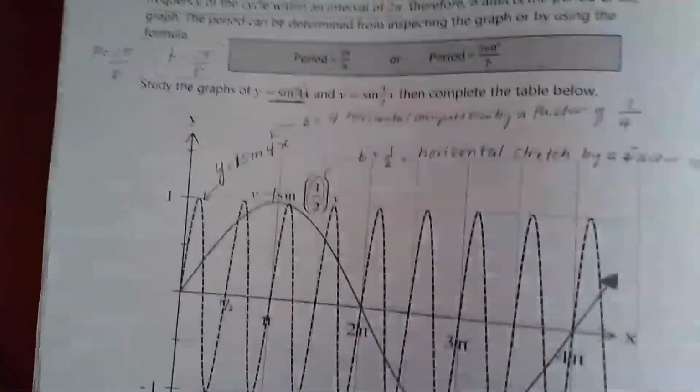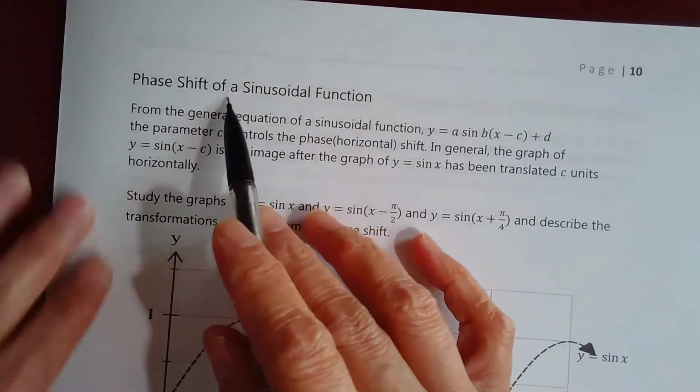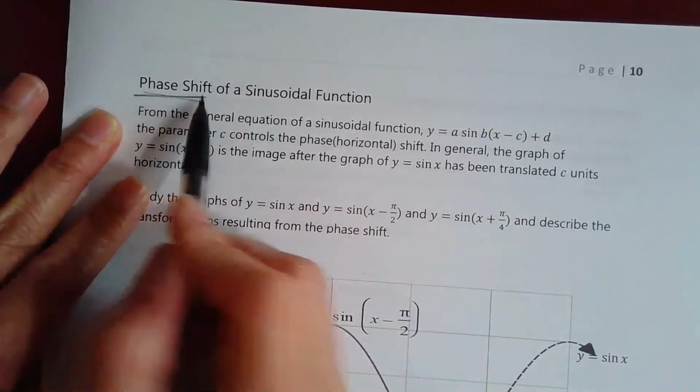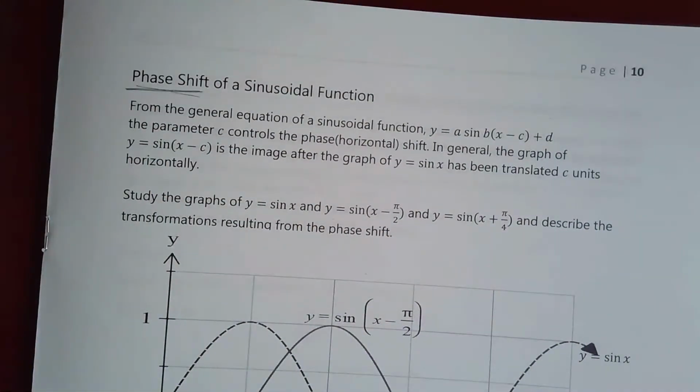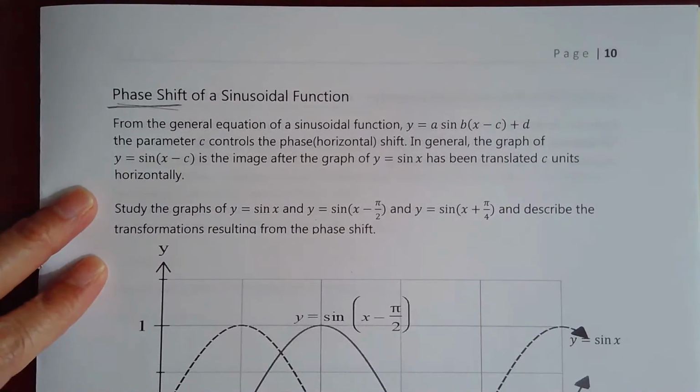Okay, good. Now let's take a look at phase shift. What does a phase shift mean? It's different wording, but it's basically a horizontal translation. If we connect to our transformation work, it talks about horizontal translation.